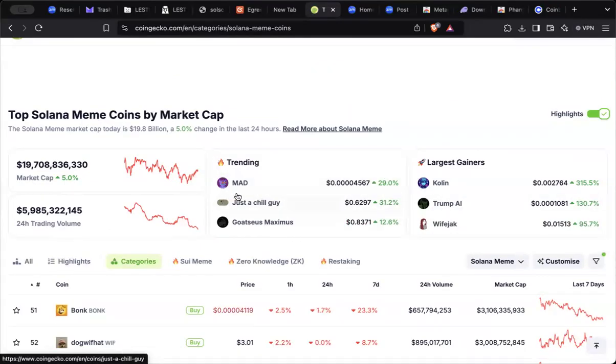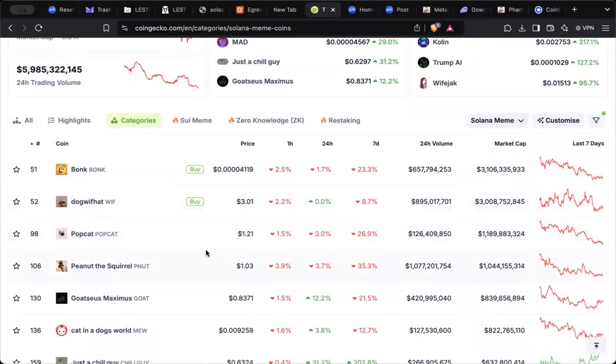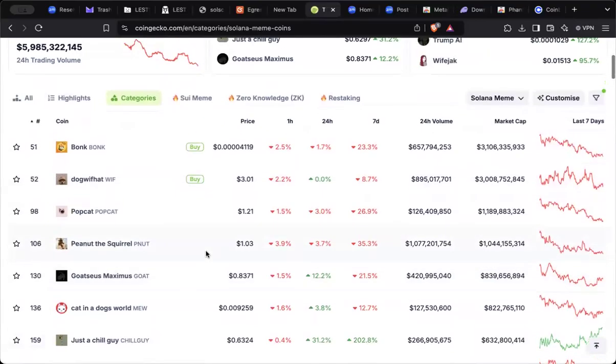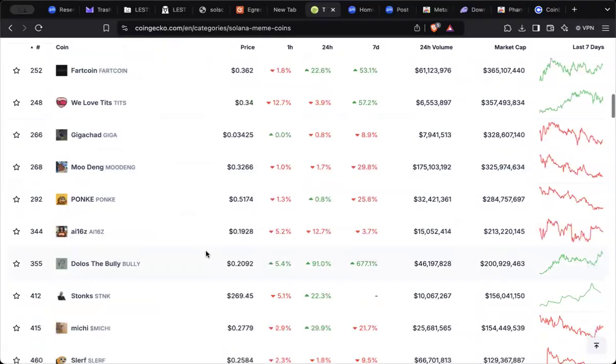It tells you what's trending right now, what the largest gains are, and then the list of all the different Solana meme coins.